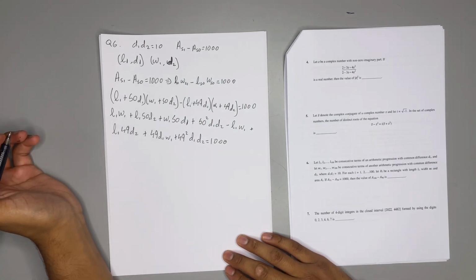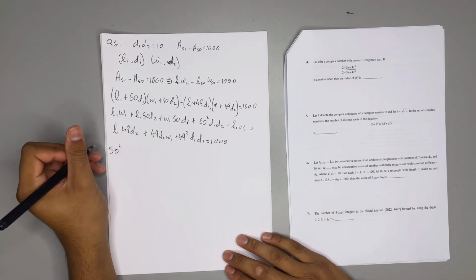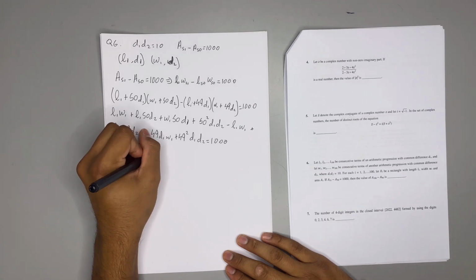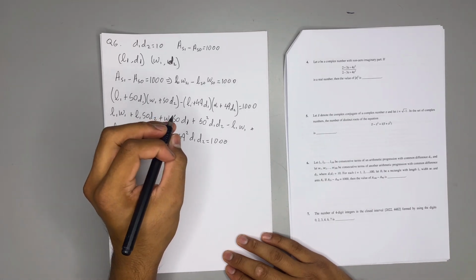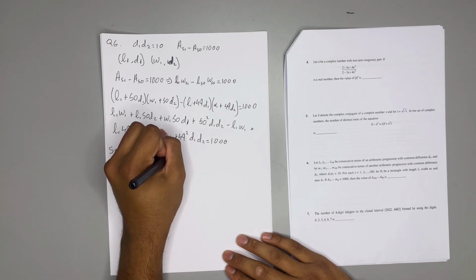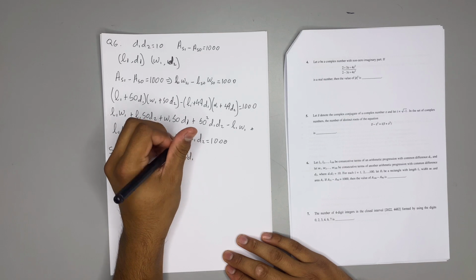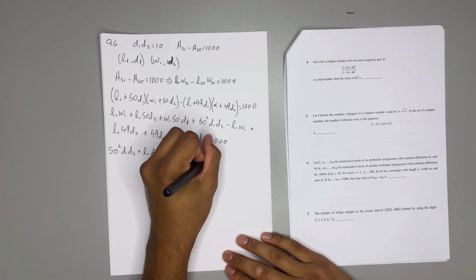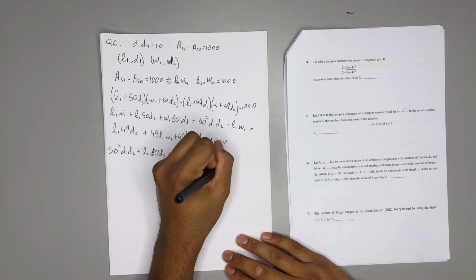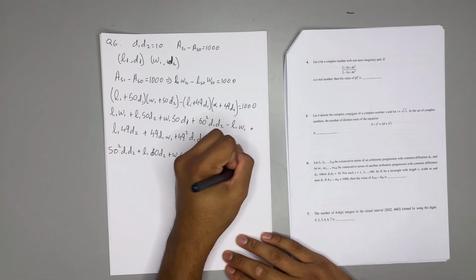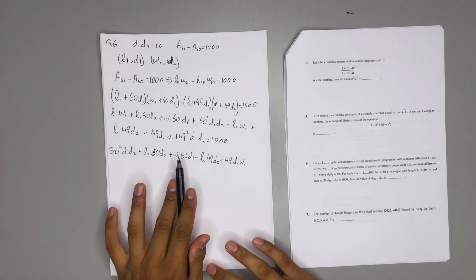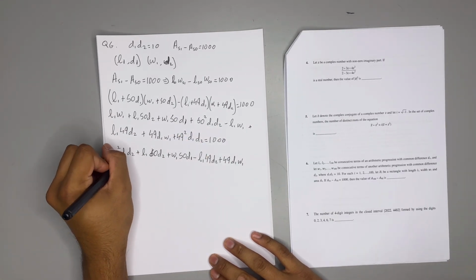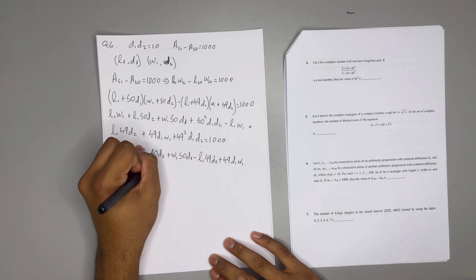Further simplifying this, we then get 50 squared D1 D2 plus L1 50 D2 plus W1 50 D1 minus L1 49 D2 plus 49 D1 W1 plus 49 squared D1 D2 equals to 1000.